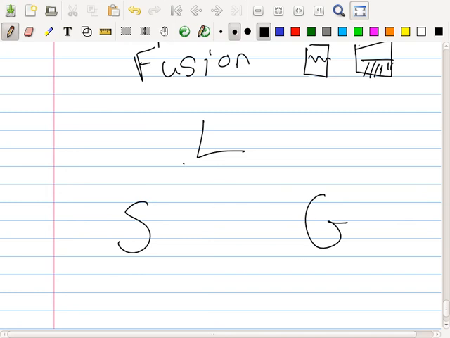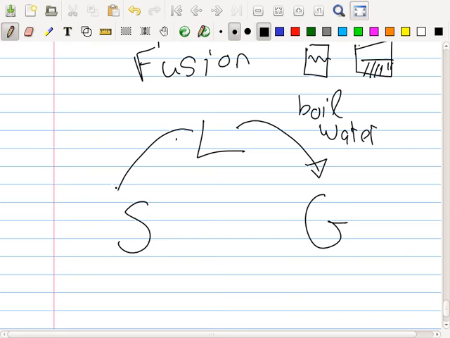Liquid to gas, how do you do that? Heat it, boil water, for example. This is vaporization. Liquid to solid releases energy, freezing ice.